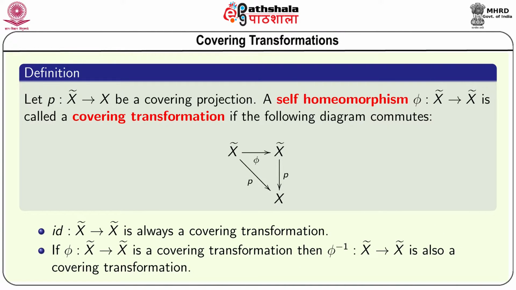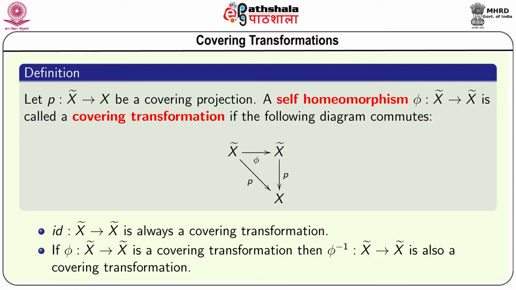Now, we define covering transformations. Suppose P is a covering map from X tilde to X. A self homeomorphism phi from X tilde to X tilde is called a covering transformation if the following diagram commutes.